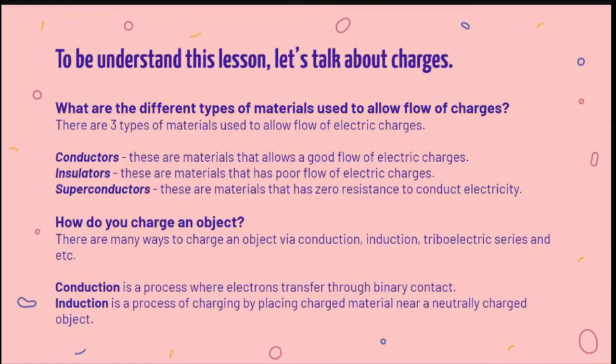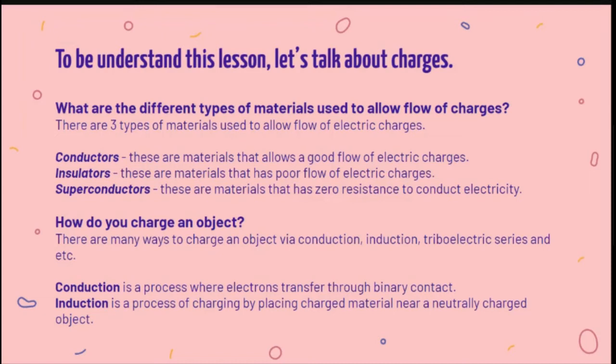There are many ways on how to charge an object, and there are two famous methods of charging. This charging process is increasing the number of electrons in a certain material. This is not the same as the charging that we do in our phones, but this charging of materials would allow us to have a flow of electricity.